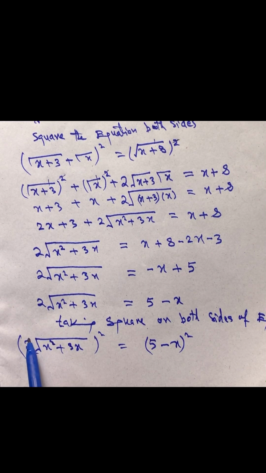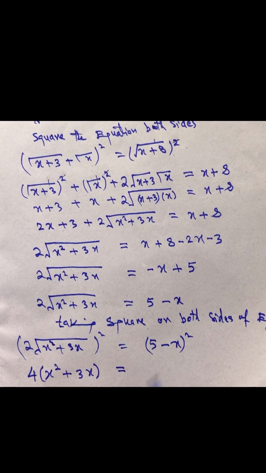If we take the square of 2, we know 4 comes. But remember, if we take the square of the radical or square root sign, then this square and the square root sign will get finished, only the radicand, that is x square plus 3x, will be left.